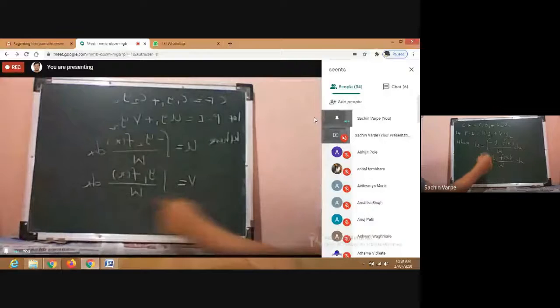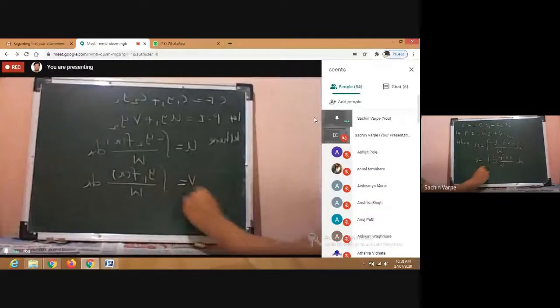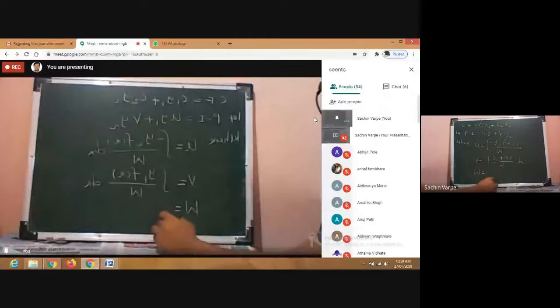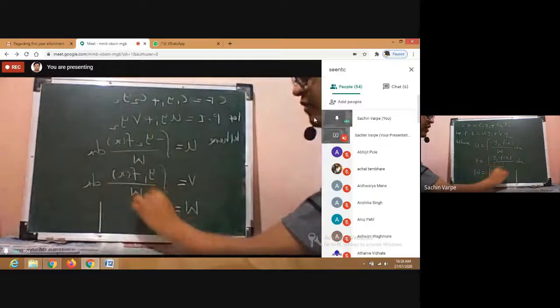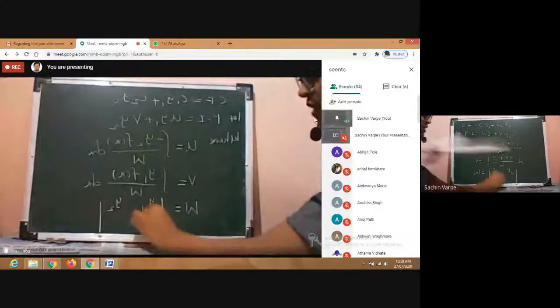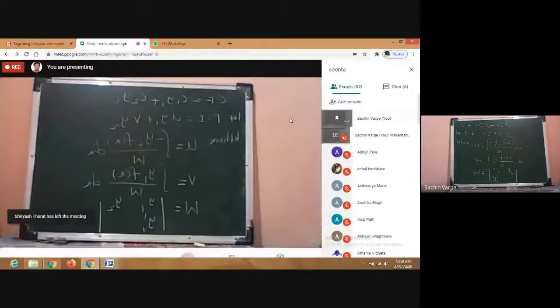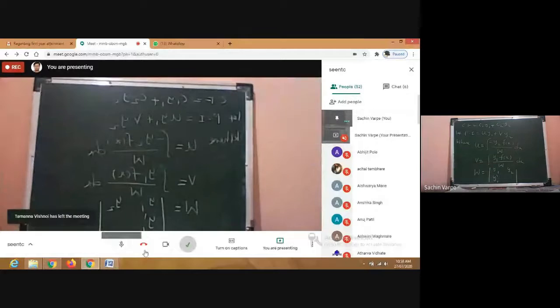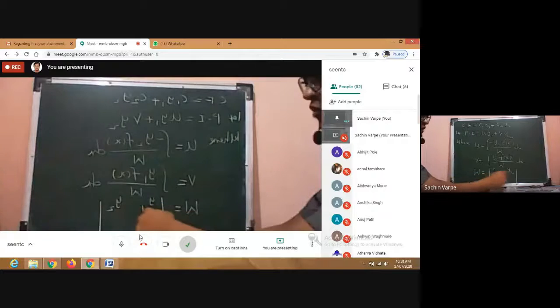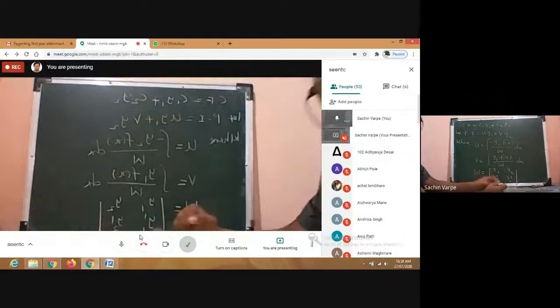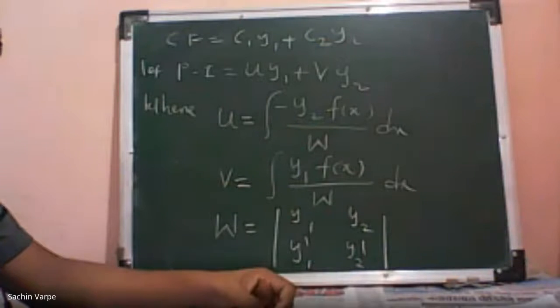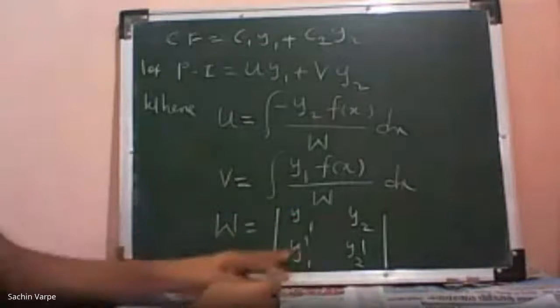What is this W? W is the Wronskian, and the value of W is the determinant of y1, y2, y1 dash, y2 dash.